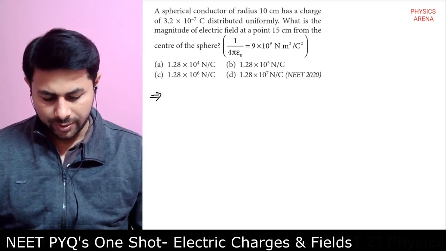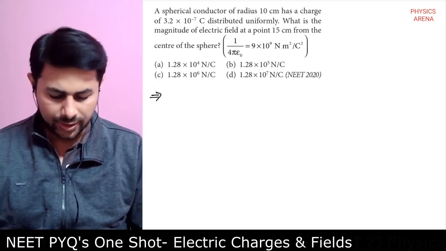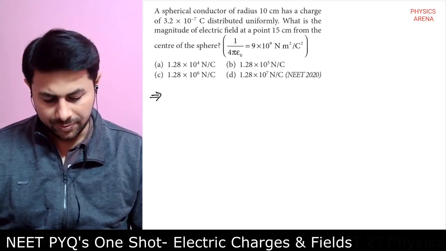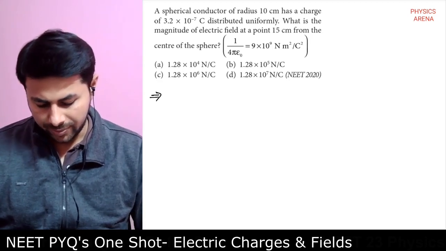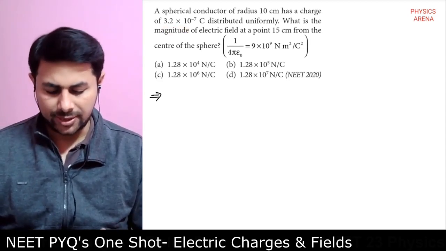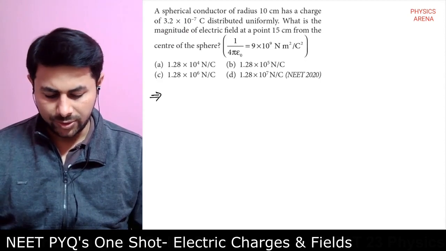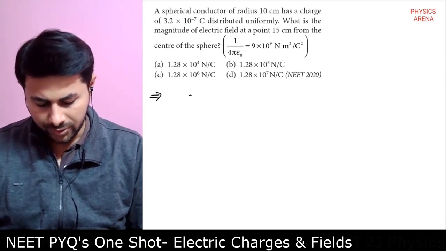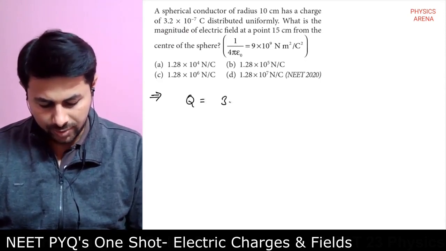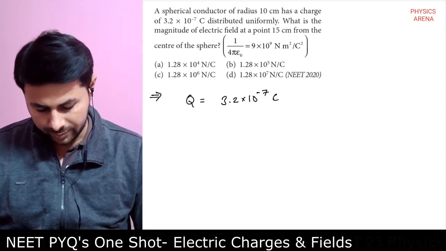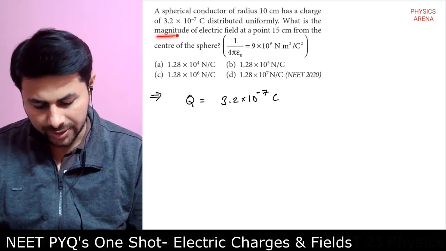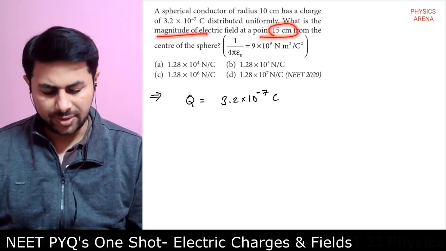So you have a spherical conductor of 10 centimeter and it has a charge of 3.2 multiplied by 10 raised to minus 7 coulombs distributed uniformly. So Q is given, 3.2 multiplied by 10 raised to minus 7. Then what is the magnitude of the electric field at a point 15 centimeter?